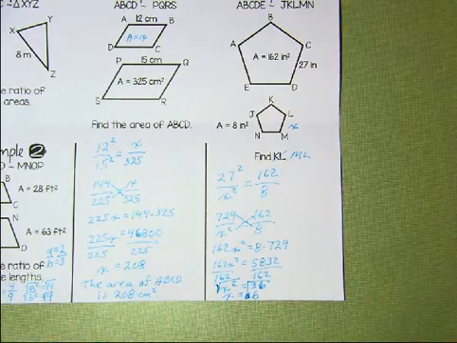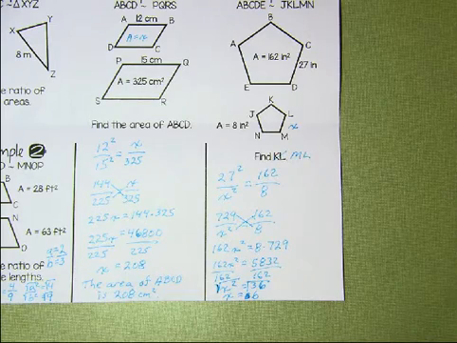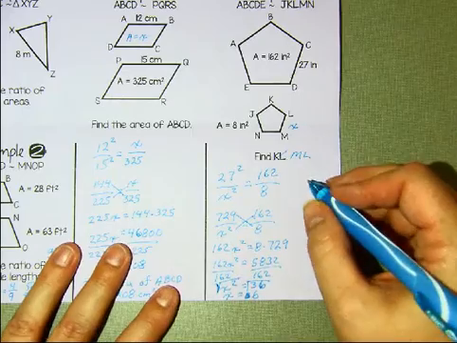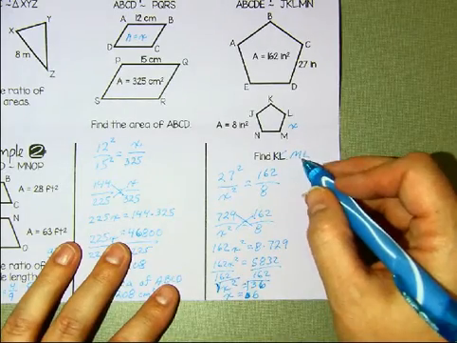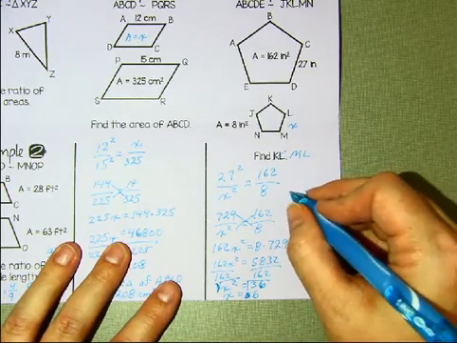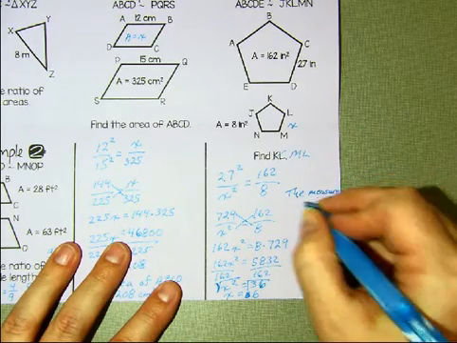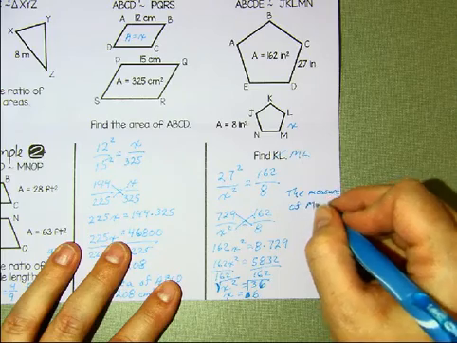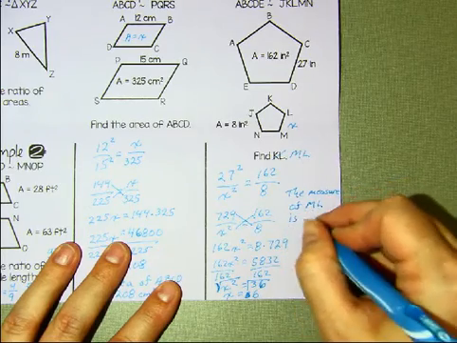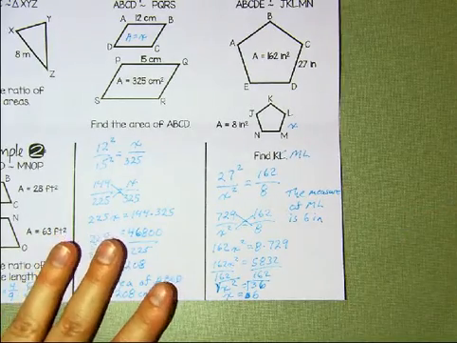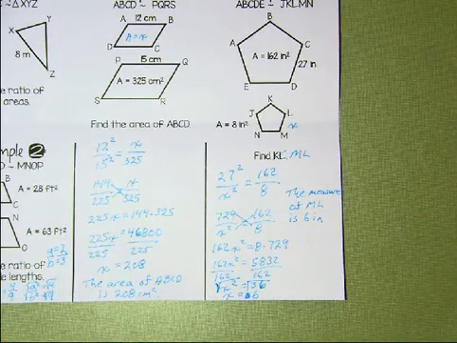Okay, again, we're going to write a really simple sentence to give some context to our 6. So we were finding ML. So the measure of ML is 6 inches.